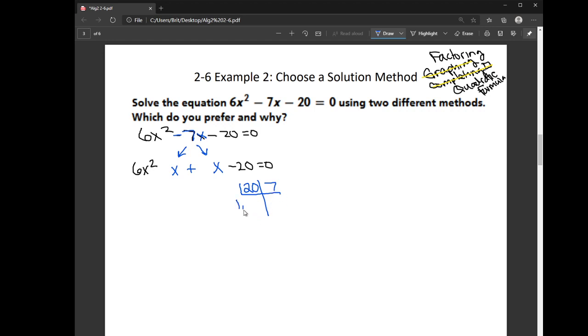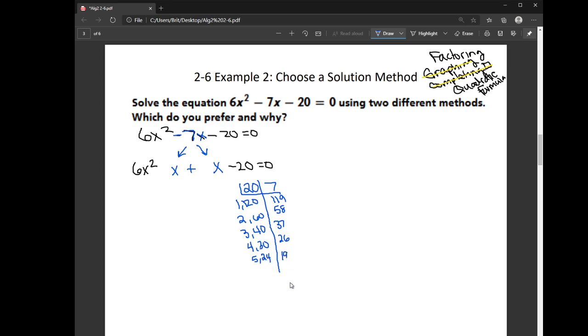Well, I have 1 and 120. So if I subtract that, that's 119. I have 2 and 60. Okay. So I'm not anywhere near yet, right? 3 and 40. That's 37. 4 and 30. That's 26. 5 and, I actually know this one off the top of my head, 24.